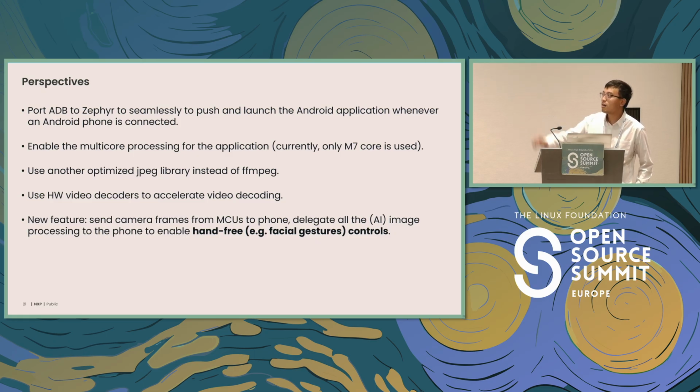And we can think about a new feature: we can send the camera frame from the board to the phone, which allows us to use hands-free controls and process AI tasks on the Android phone, because the Android phone is much more powerful in terms of computing.